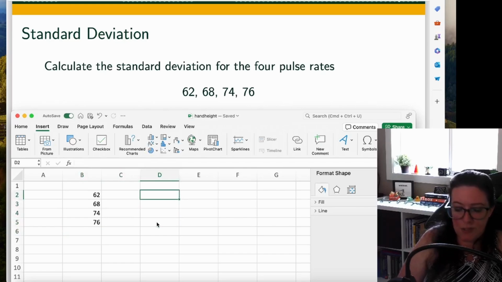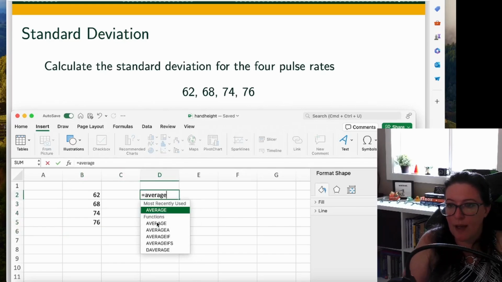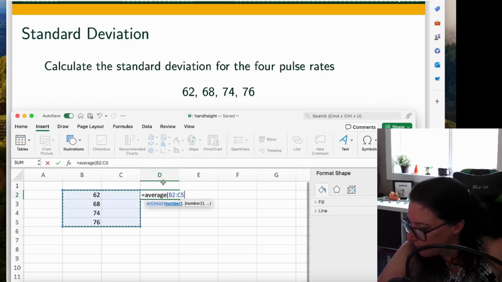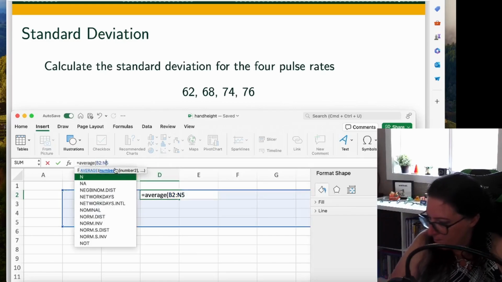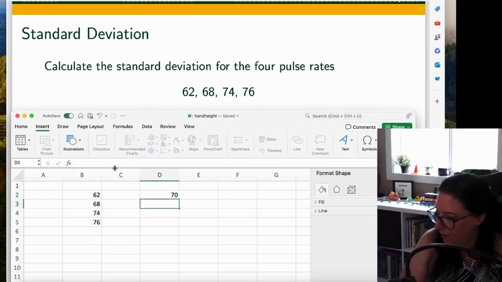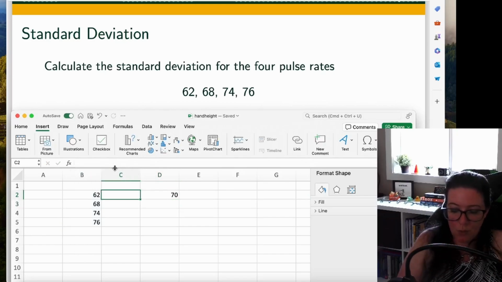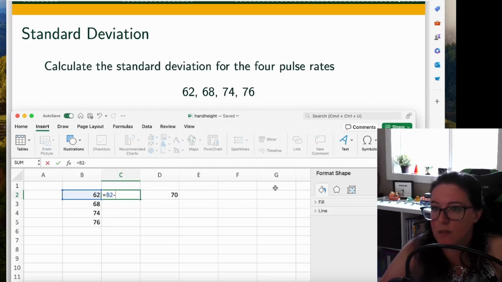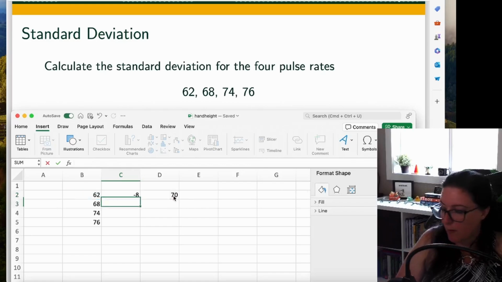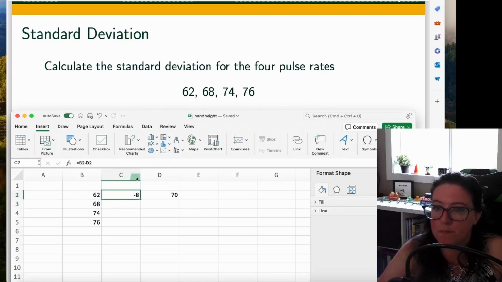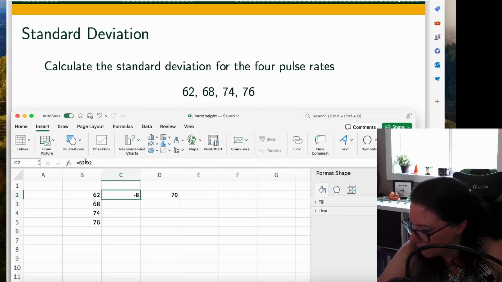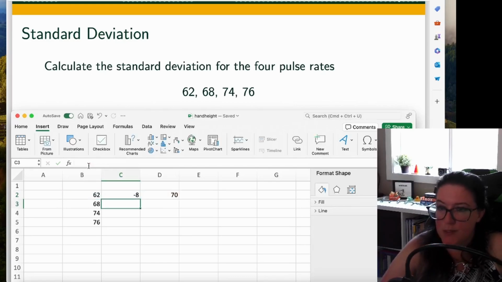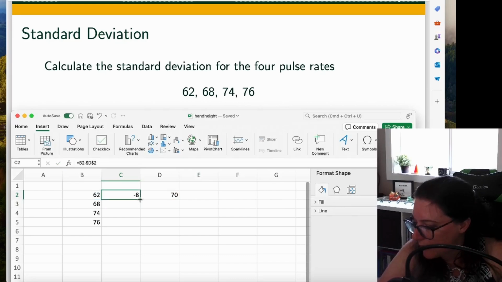If you're going to find the standard deviation, the first thing you would do is find the average of your four numbers. There we go. So the average here is 70. You would then need to find the difference between your numbers. So this is the x minus x bar part of the formula. We find how far each one is away from that average.